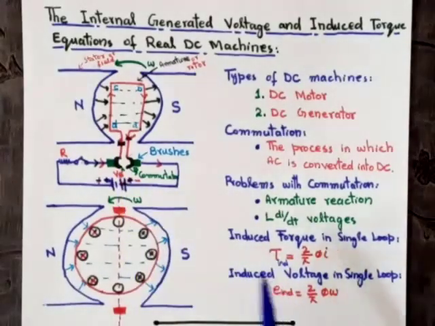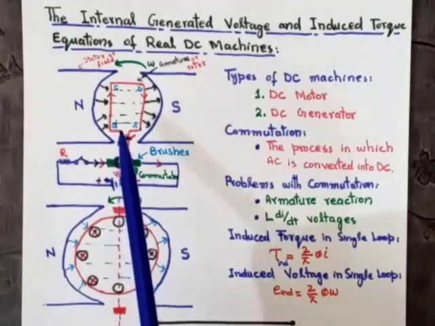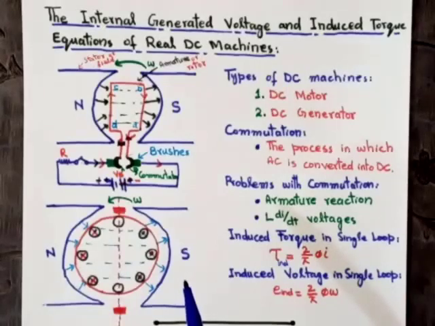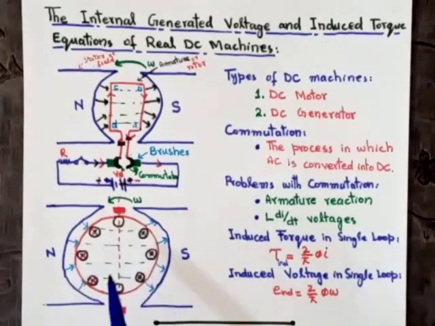These equations are from a single loop, and in real machines the number of loops is more than one.